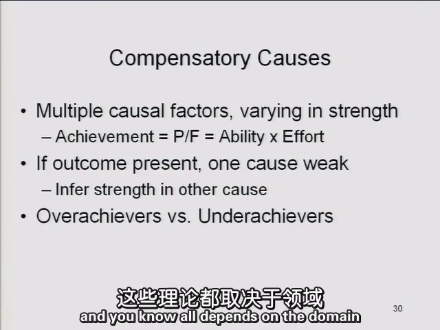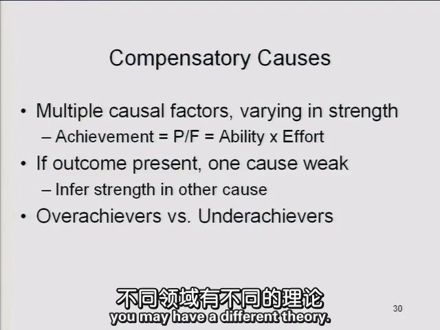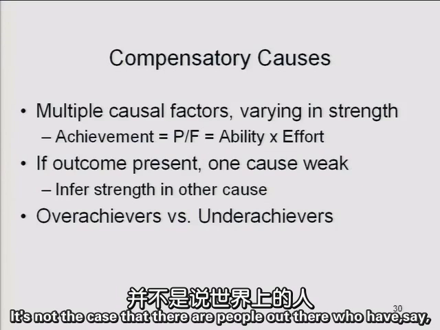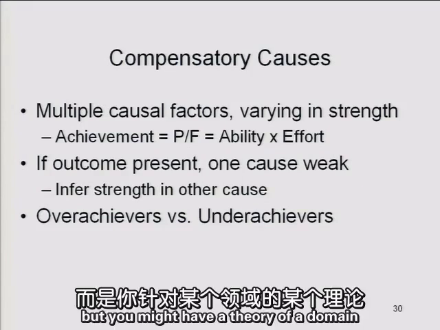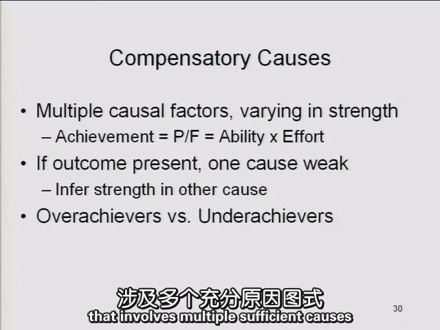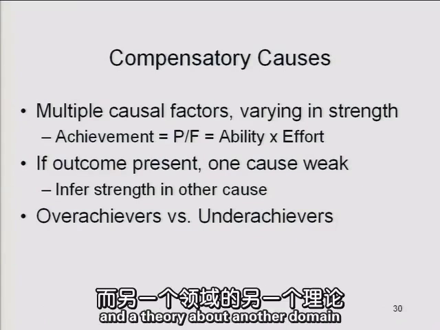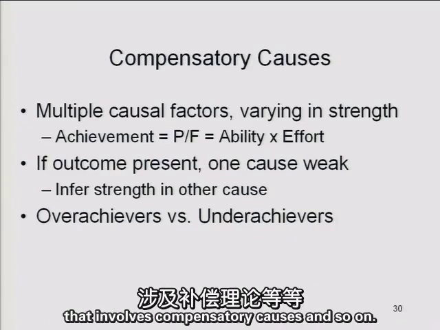And it all depends on the domain. You may have a different theory. It's not the case that there are people out there who have, say, a multiple sufficient cause schema for everything that they see, but you might have a theory of a domain that involves multiple sufficient causes and a theory of another domain that involves compensatory causes and so on.